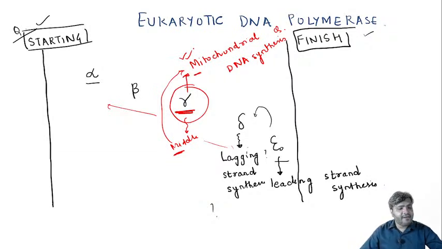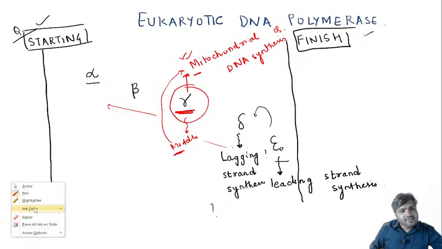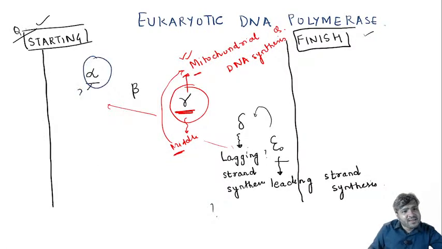Ultimately after that, guys, just try to see what is the first step. You already know that alpha is at the starting point right now. So you already know what is the first step of DNA synthesis. What is the first step of DNA replication, guys?